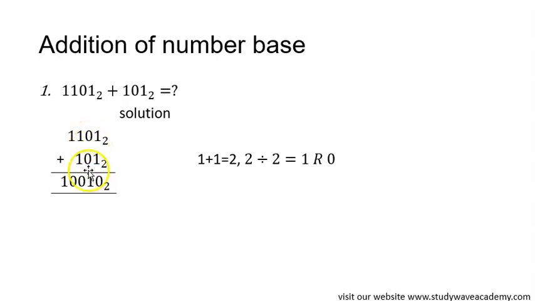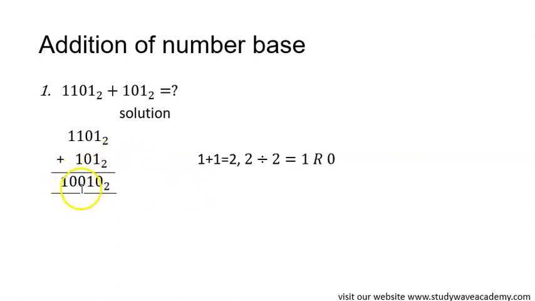We move to the next column. 1 plus 1 is 2. We can't write 2. Remember, the highest digit in a base is less than the base. So we do the process we did before. 1 plus 1 is 2, divided by the base, which is 2, is 1 remainder 0.